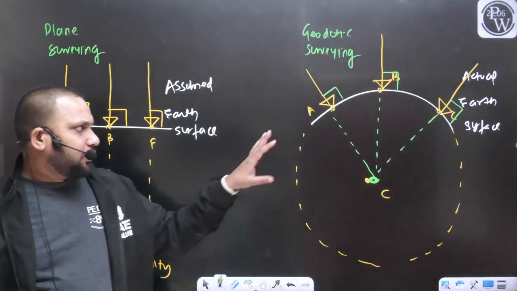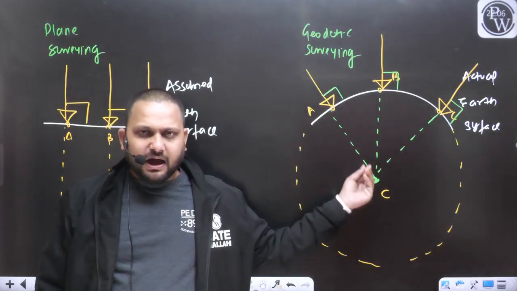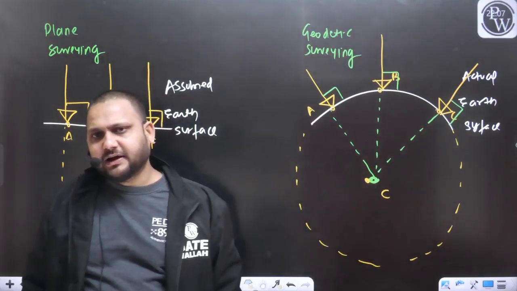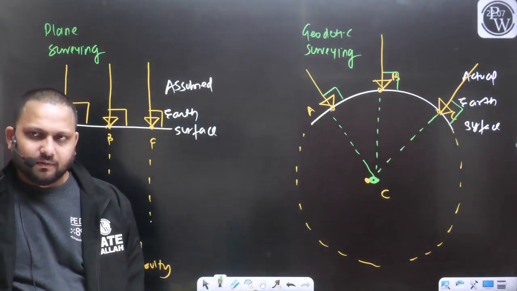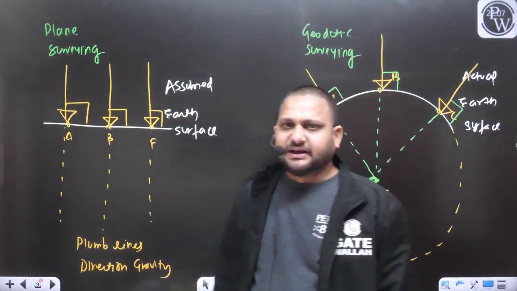In the case of geodetic survey, all the plumb lines, or the direction of gravity lines, are going to meet or connect at the center of the Earth. Yes or no?